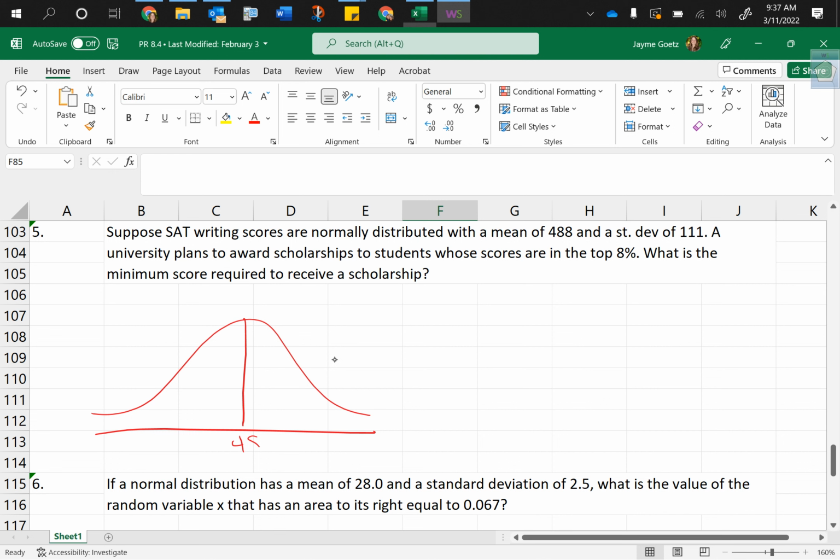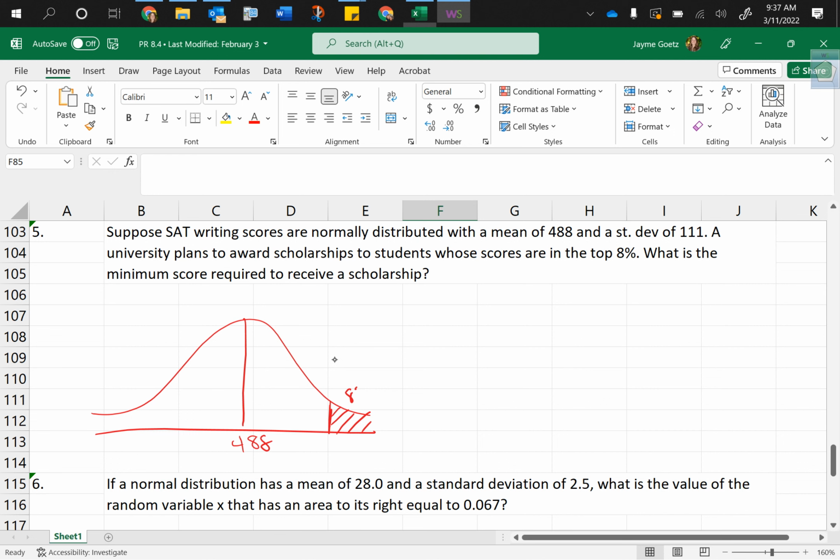Okay? A university plans to award scholarships to students whose scores are in the top 8%. So would the top 8% be on the left side or the right side? The right side. And would it be closer to the mean or further away? Further away, right? The top 8% is going to be over here.